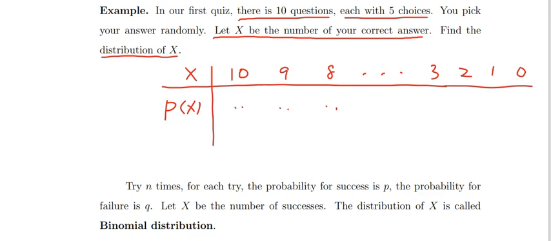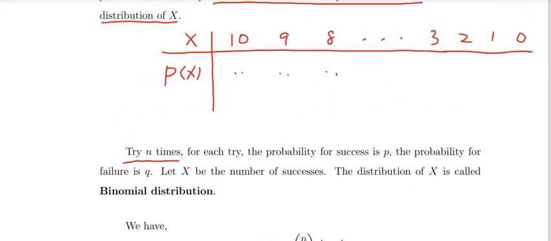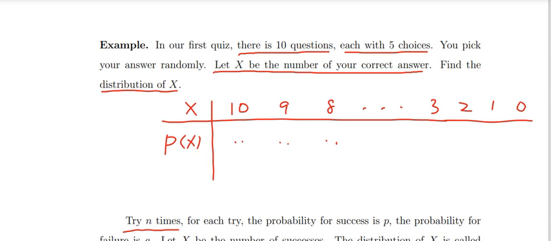Okay, so let's consider the general situation. We try n times. Here, you answer the questions randomly. This means for the first one you have no idea, just try. Second one, no idea, just try. You just pick answers randomly.